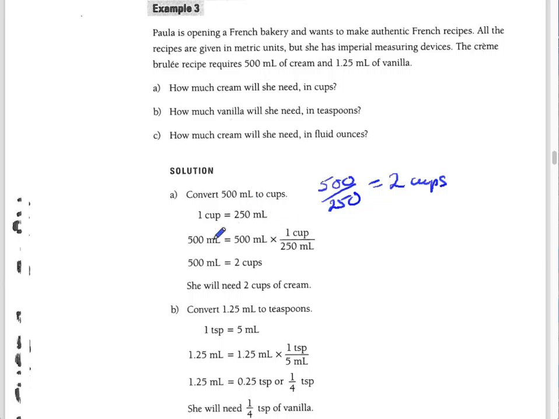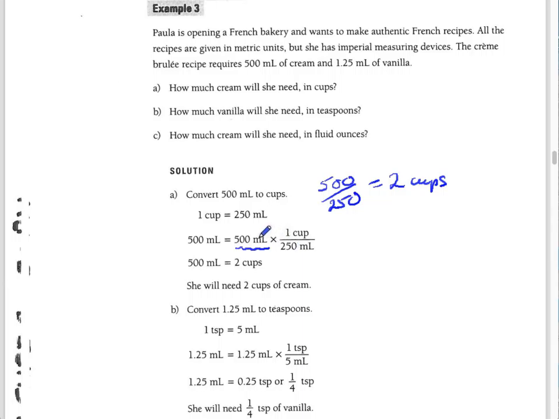What they're showing you to do here is what's called unit cancellation. We have 500 ml here, and there is a ratio of 1 cup to 250 ml. We can either set up the ratio 1 to 250 or the other way around, 250 to 1.